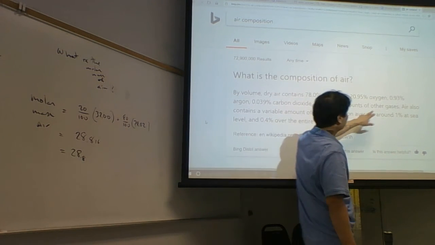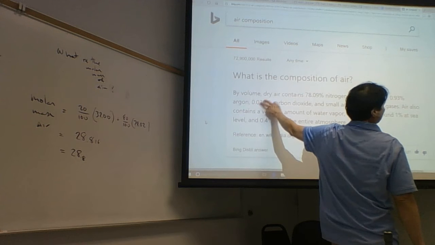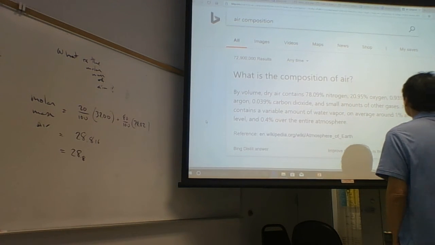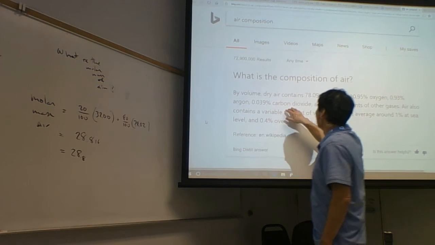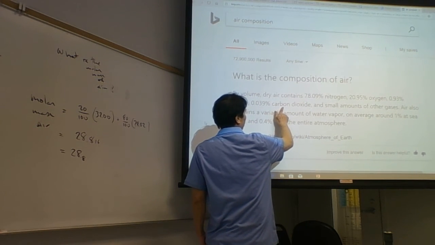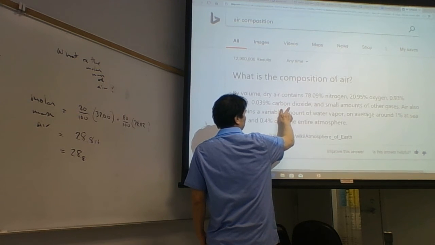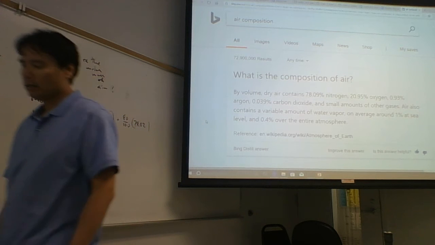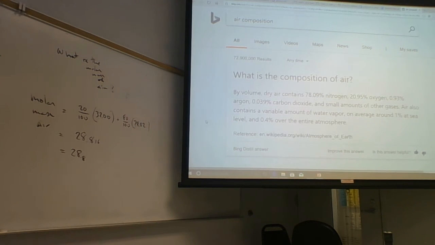And then 0.93 out of 100 will be argon. Argon is 39.95. And then carbon dioxide, 0.039 out of 100 would be 44.01. Et cetera, et cetera.